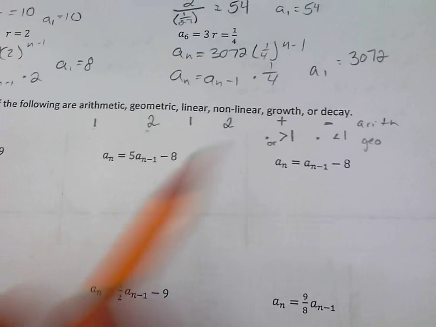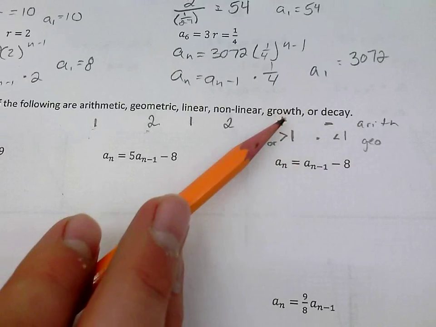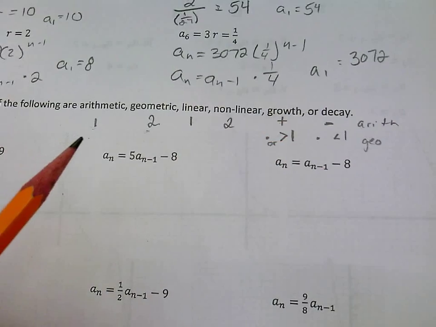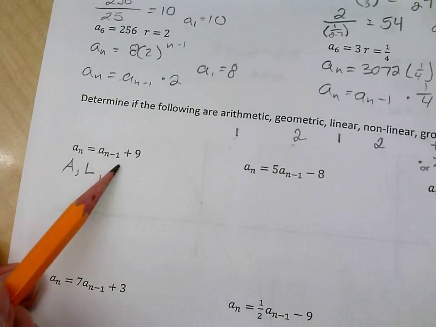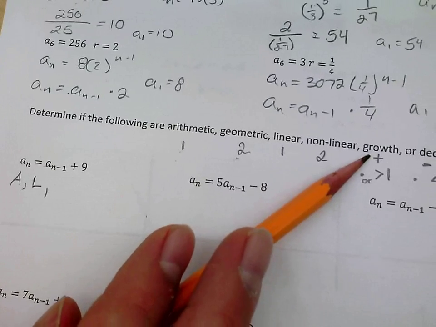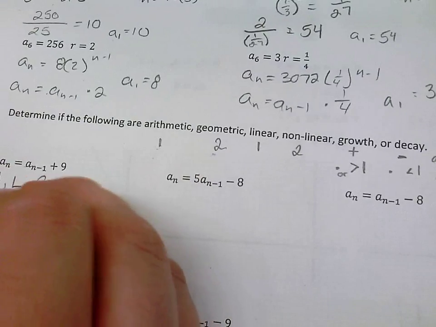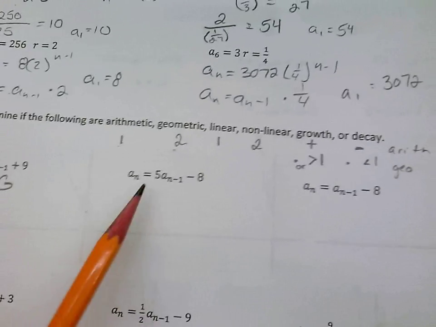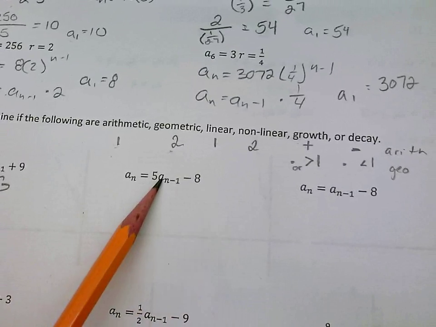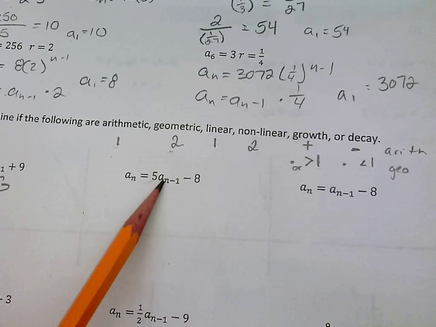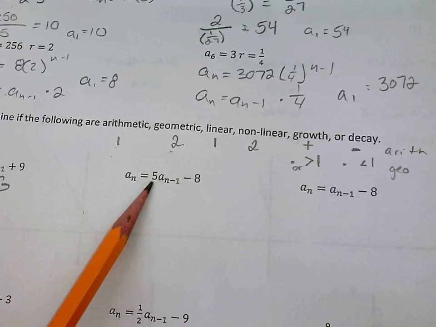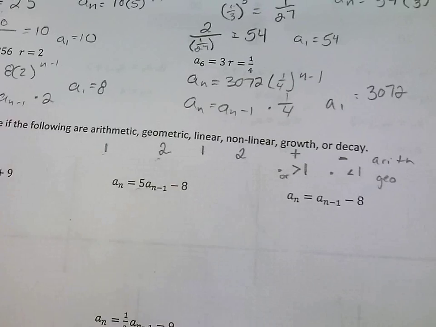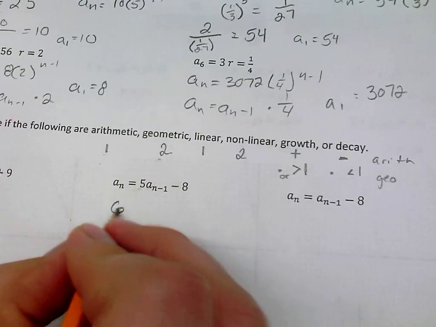Now we look up here. It says arithmetic, plus minus. Well, plus means that it's growth. So I'm going to put growth. The next one, look for any multiplication. Well, this 5, since it's next to this A, means it's multiplying. So we know it automatically is geometric.